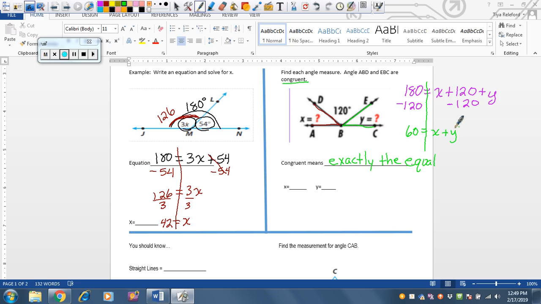So we need a number that you can add to itself to equal 60. And you can double check this. 30 plus 120 plus 30 equals 180.